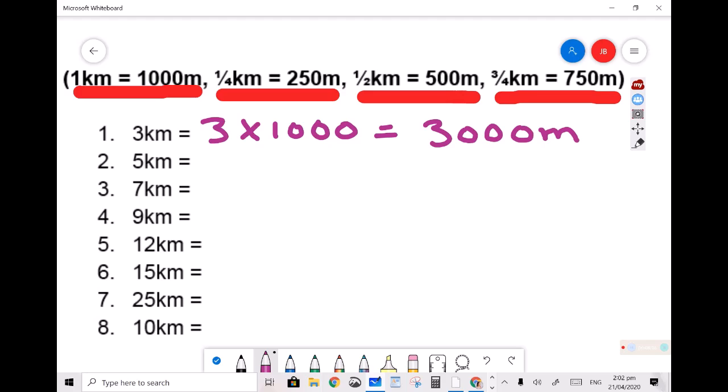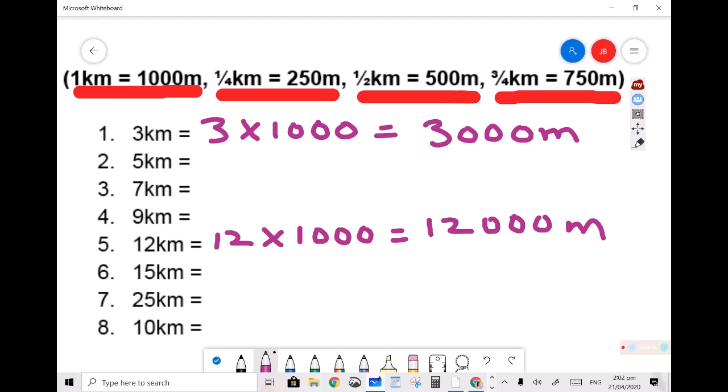And if we look at number 5, 12 kilometers is 12 multiplied by 1,000, which is equal to 12,000 meters. So it is quite simple when you have a whole number. Let us look at some other questions where you have both a whole number and a fraction, meaning a mixed number, in terms of our conversion for distance.